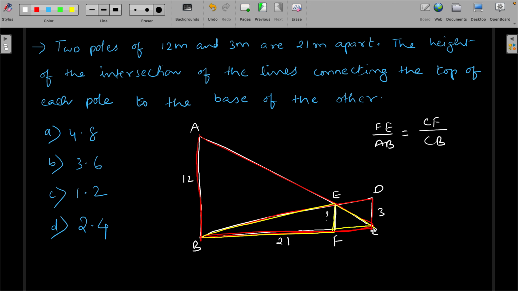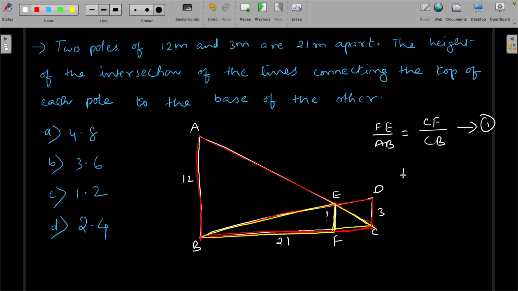Because the base of the smaller triangle is CF and the base of the larger triangle is CB. First we have considered the larger part. Now let us consider the other side. This is equation 1.